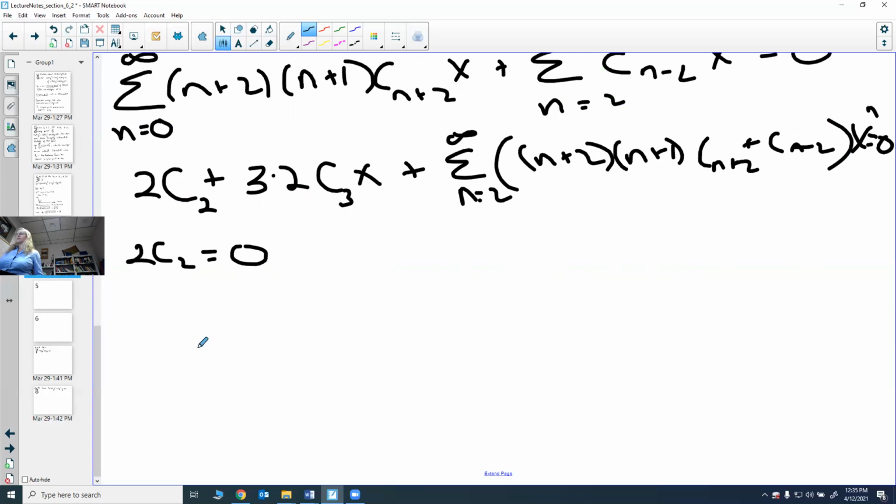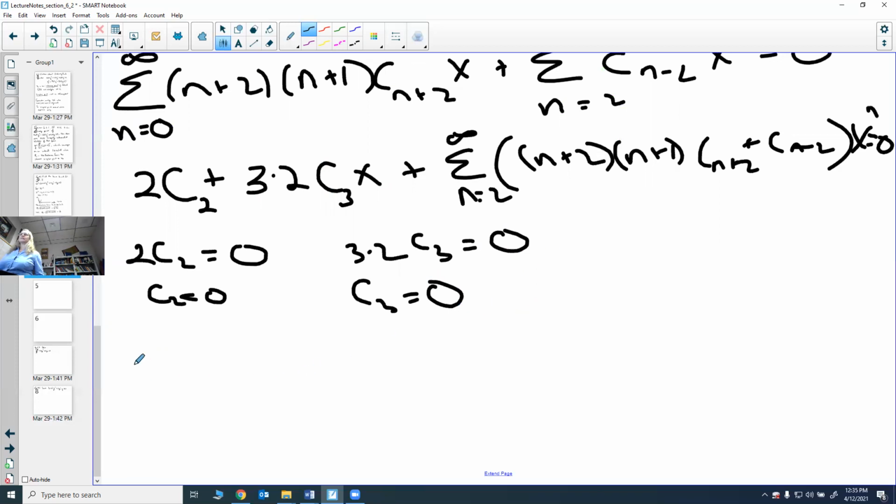The only way that can equal 0 is if c2 equals 0. The other one is 3 times 2 times c3, the only coefficient of x to the first power. So that has to equal 0, and that tells me that c3 also has to equal 0.